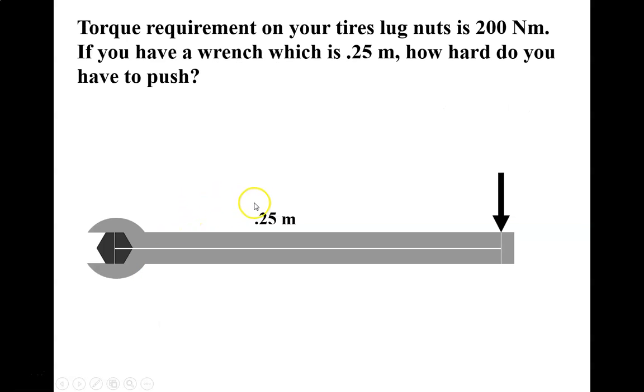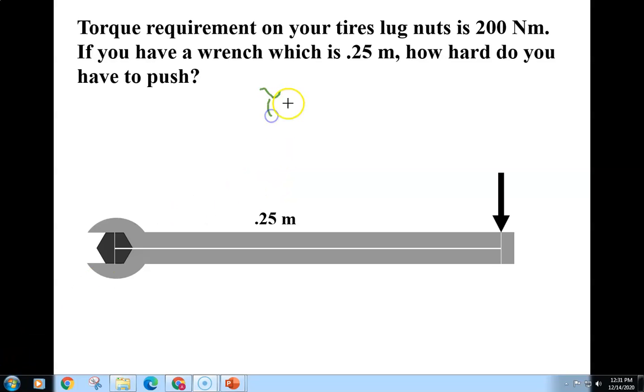So a simple problem: the torque on your lug nuts is 200 Newton meters. If you have a wrench which is 1/4 of a meter, how hard do you have to push? So torque equals force times lever arm, and we're looking for 200 Newton meters of torque.